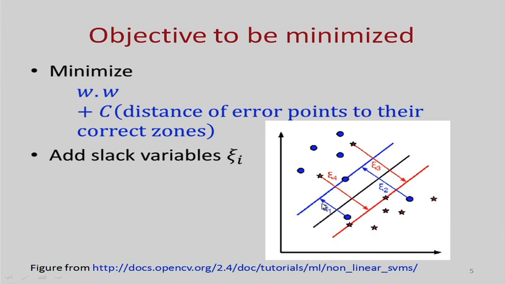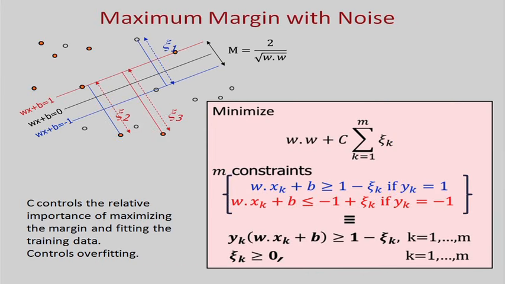So, for each point which is misclassified, we find its shortest distance to the correct zone, and this corresponds to the xi for that variable. For the other variables which are correctly classified by this particular decision surface, xi values are equal to 0.